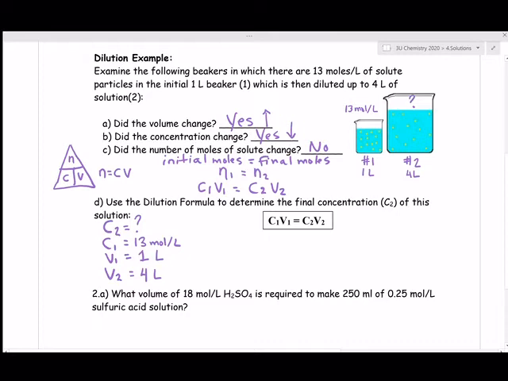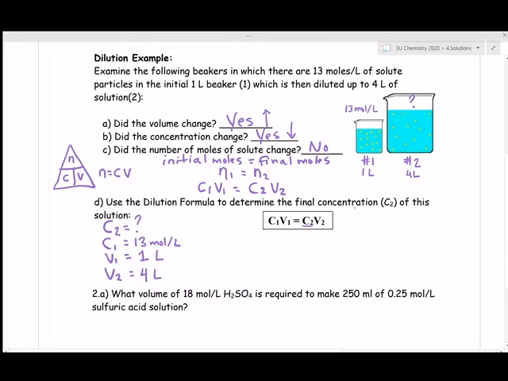Okay, so to rearrange this formula, whatever you're solving for, which in our case here is we want C2, the other side is not going to be changed. But what you have to realize is currently C2 is being multiplied by V2. So to get rid of V2, you would need to divide it out.